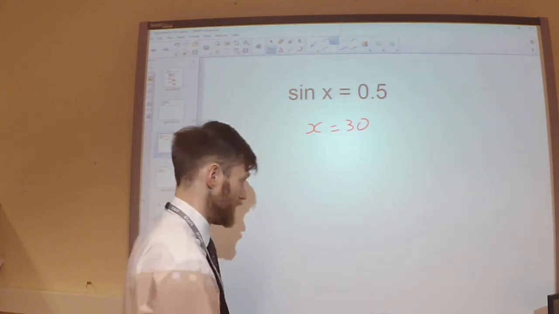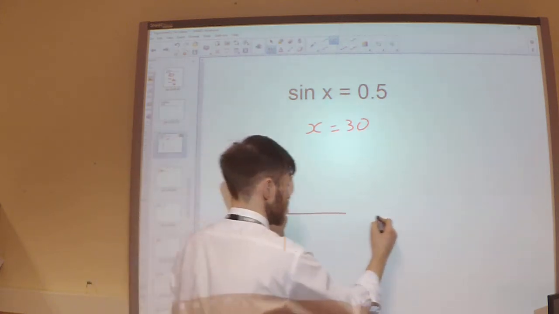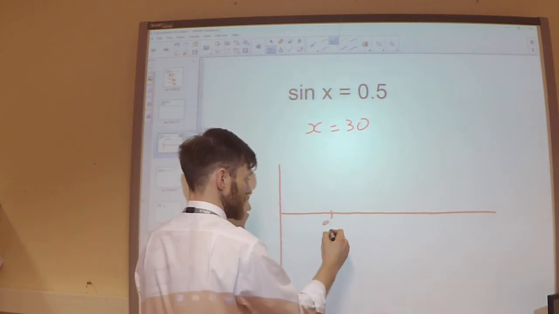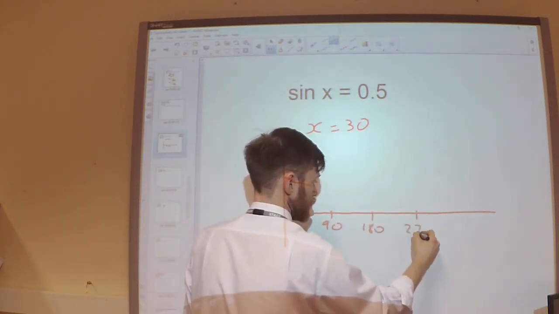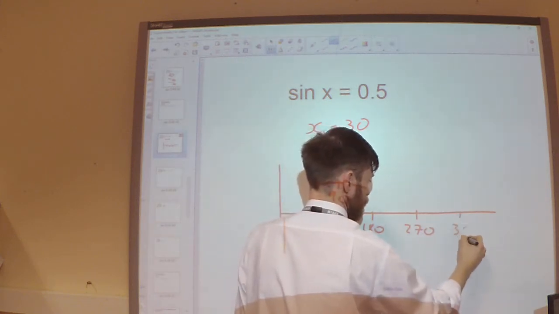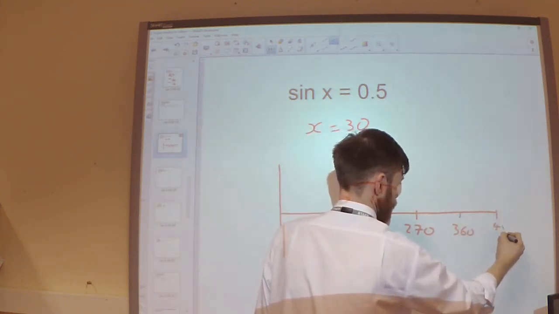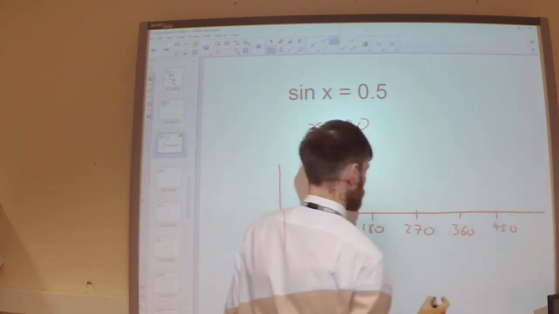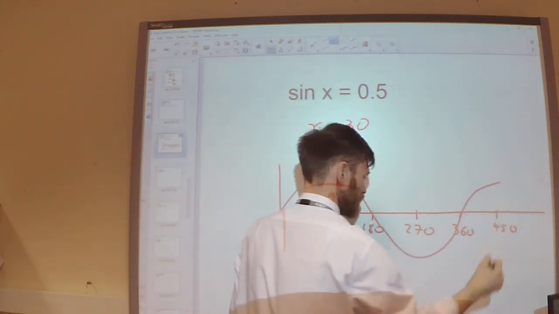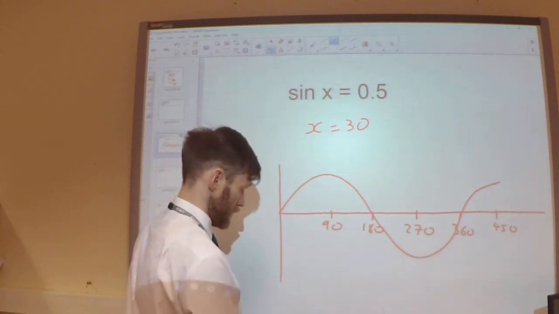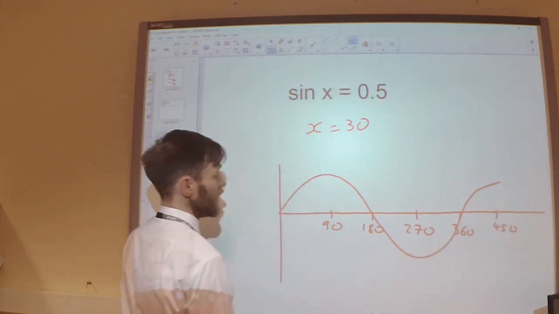However, we've also seen that when we draw out the sine graph, there are actually other values that would be equal to a half.